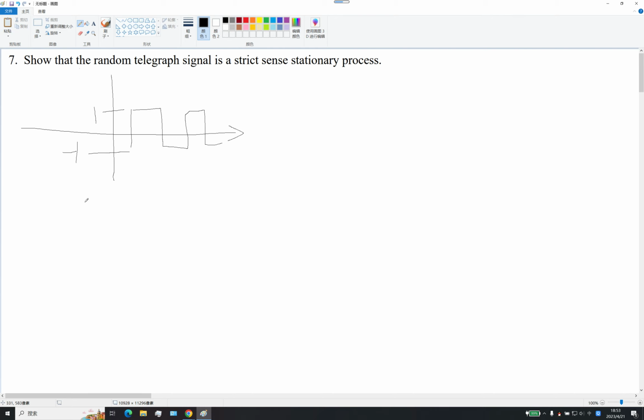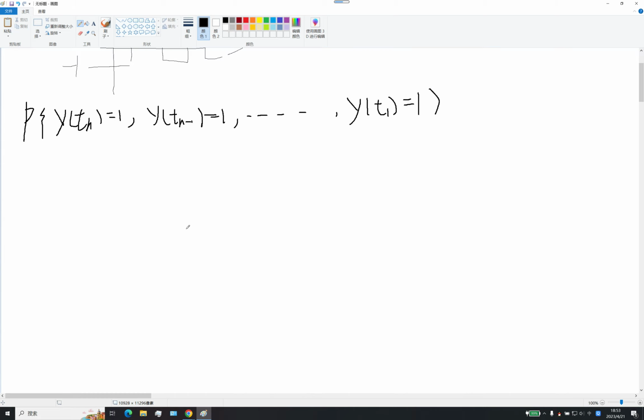When we get a random telegraph signal, we can write it in a probability form like this. Maybe we have y(tn) equals 1, and y(tn-1) equals 1, and y(t1) equals 1.